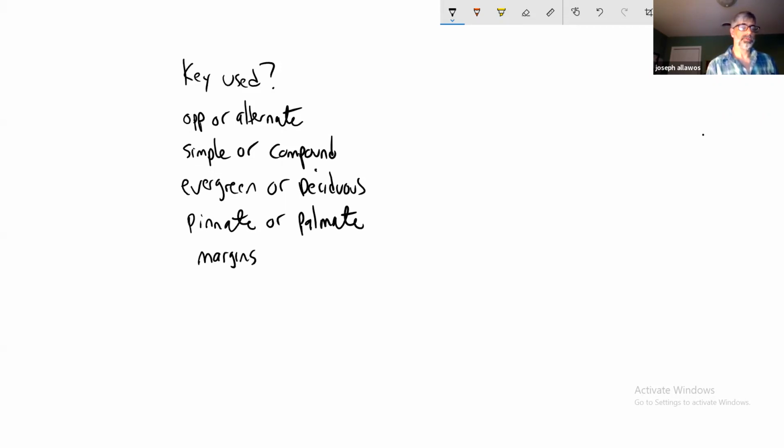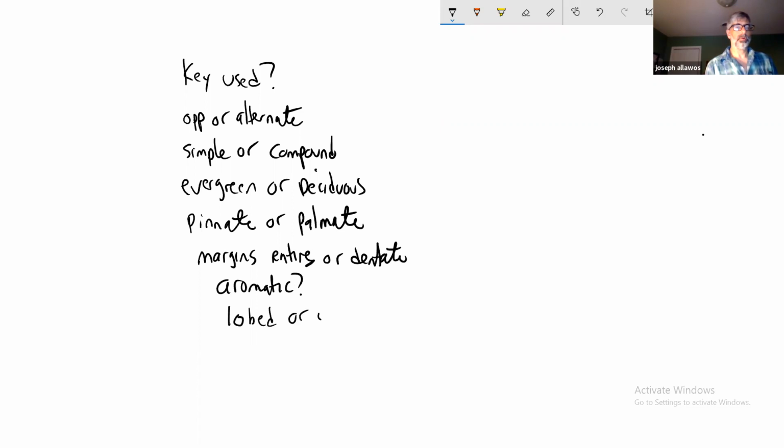Are the margins entire or dentate? Is it aromatic? And the one last one, is it lobed or unlobed, if it's a simple leaf. If it's a compound leaf, then it doesn't really apply.